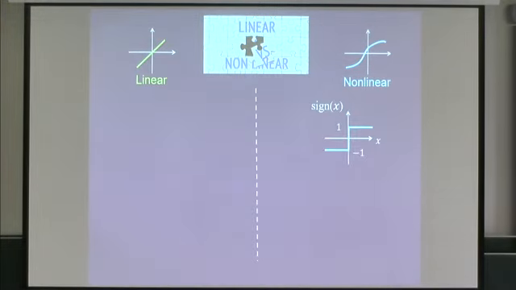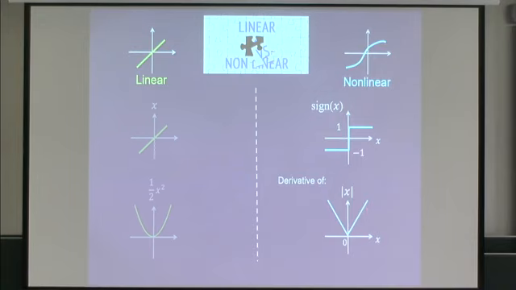So what nonlinear means here is nonlinear operators we can work with. This is a very simple one, like the sign function, which is zero homogeneous, and it's basically a derivative, as you all know, of the absolute value. And in the linear case, it's like this.